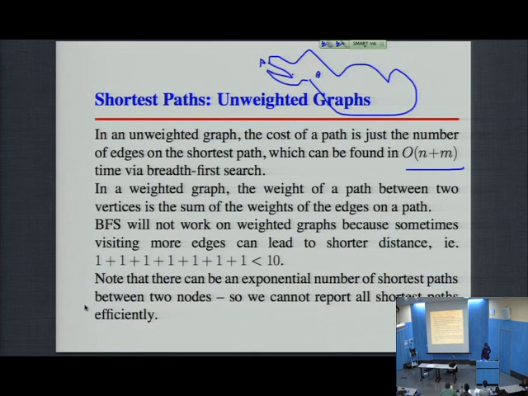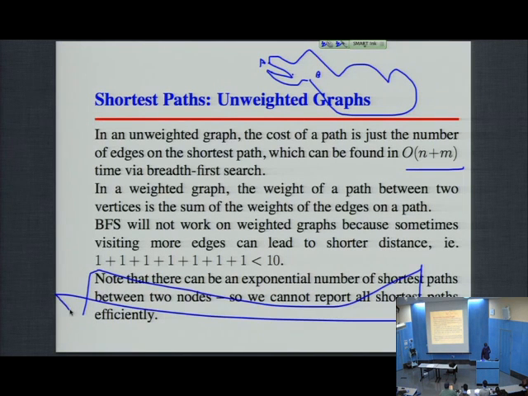You might say, well, why don't you find all shortest paths in a graph and then pick the smallest? Or maybe just print out all shortest paths. This turns out to be something you can't do because the number of shortest paths can be exponential. Suppose we have a graph where you've got 2 choices to go here, and 2 choices to go there, and 2 choices to go here.